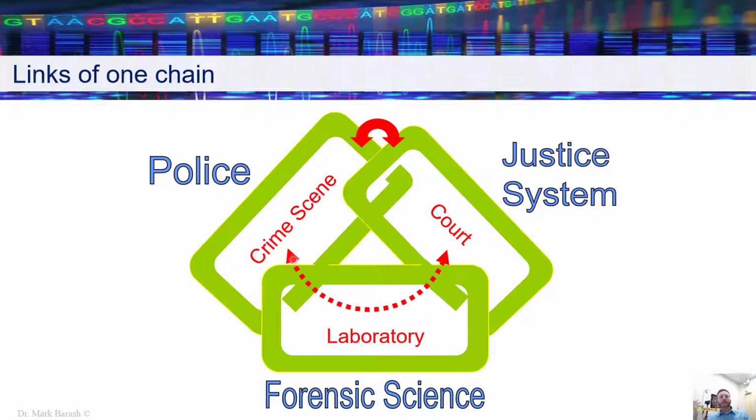And then we have a legal system, which is probably the most organized and regulated part of our society. And then we have the forensic science, which sort of fits somewhere in between, trying to help organize something very disorganized into something very organized, which makes forensic science a unique science.